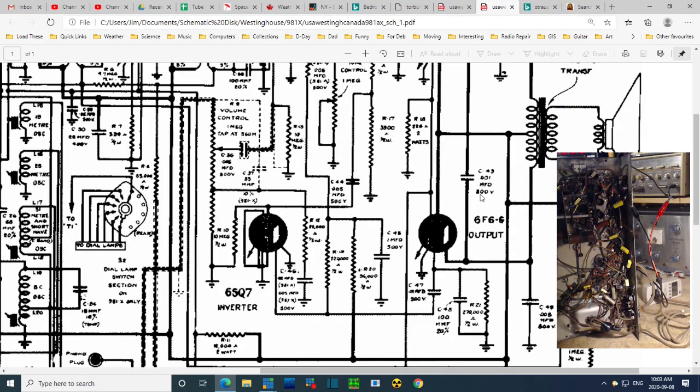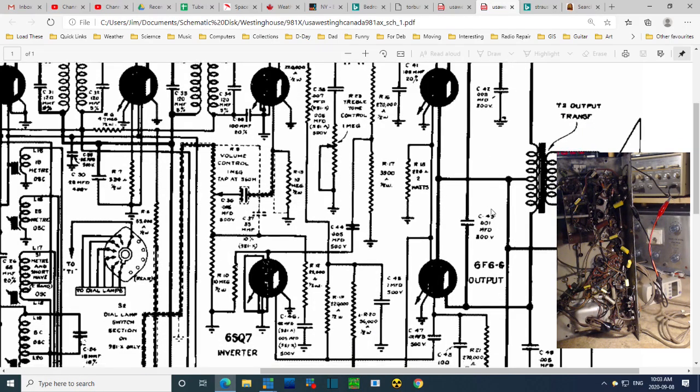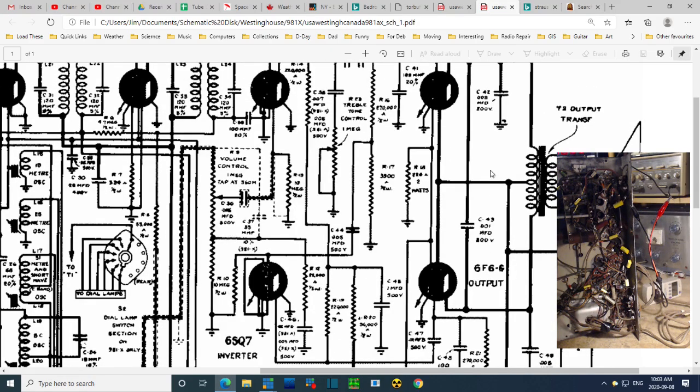So, and then where's the big 2000s over here? Oh, it's the screen of these tubes, not screen of that tube. Come on, keep your head together, Jim. So the screen would be higher in this case. Coming over here also, so this is just how the Magic Eye is getting its B+.